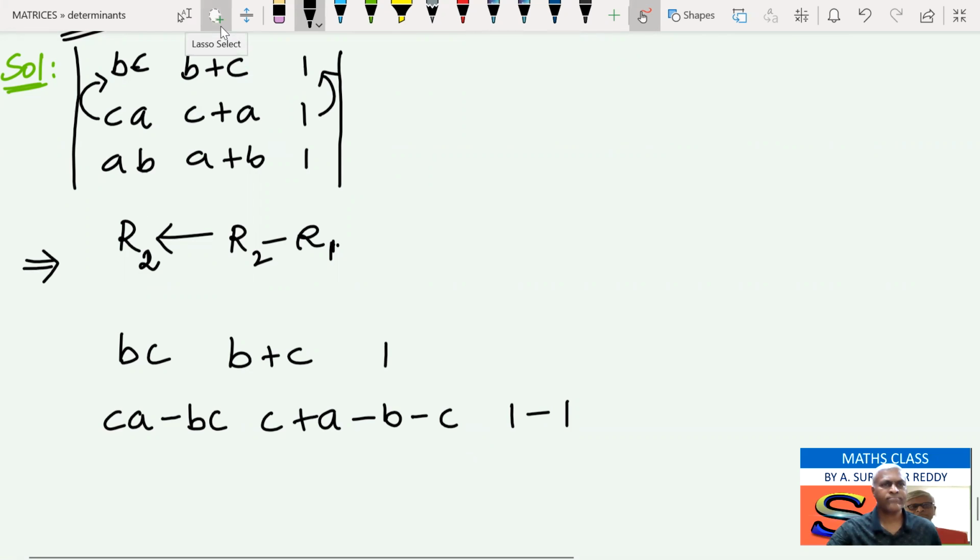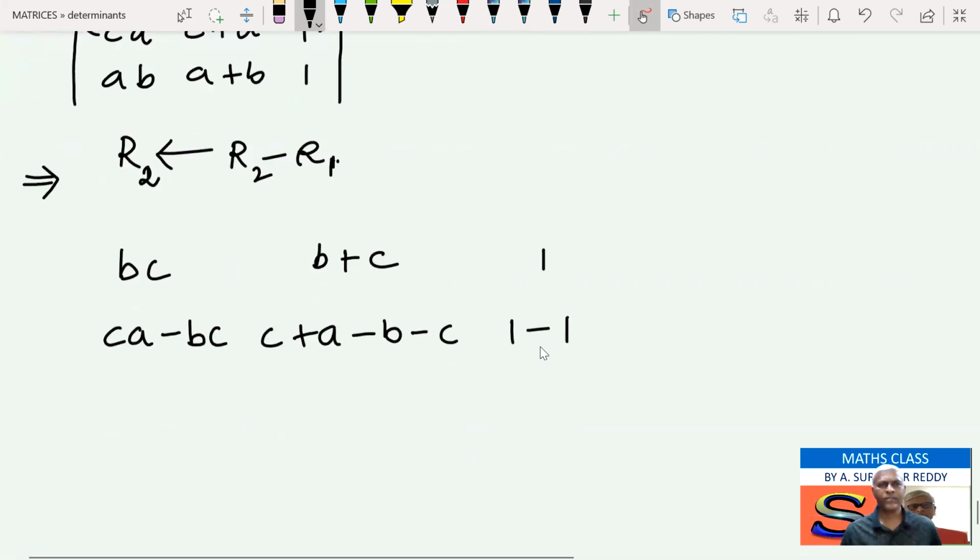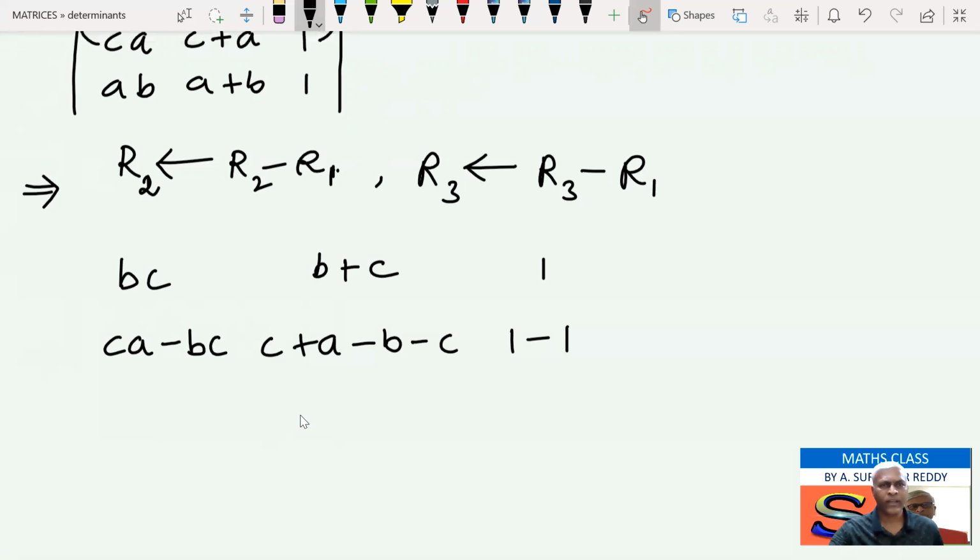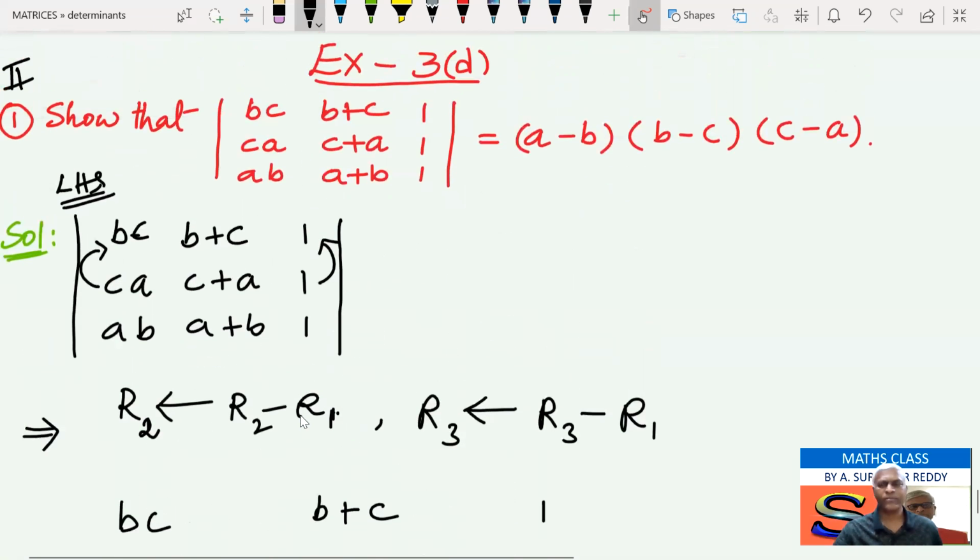So now let us write this. The first row: BC, B plus C, and this is 1. And the next transformation, R3 also, we are changing R3 as R3 minus R1. So we are subtracting R1 from R3.